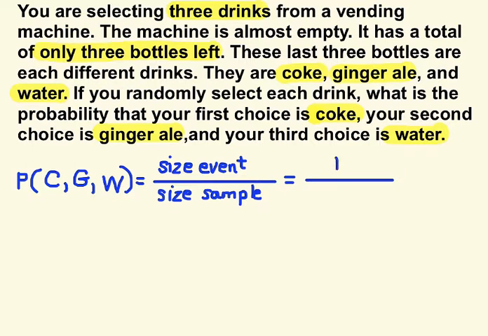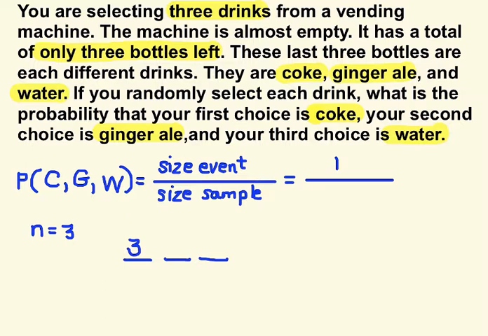But we want to know how many ways can we select Coke, ginger ale, and water? Well, the actual number of items that we have here is 3. There are 3 items, and we're going to select 1, then another item, and then another item. So if you think about it, there are 3 ways that we can select our first drink: Coke, ginger ale, or water.